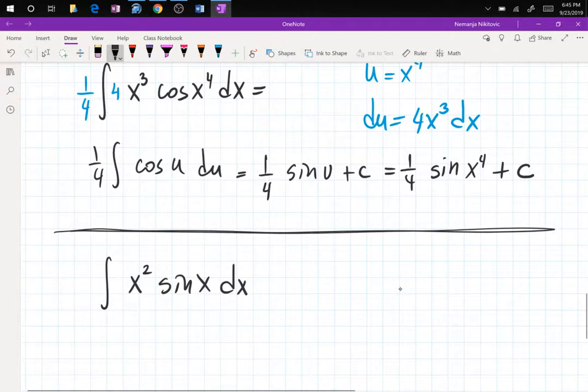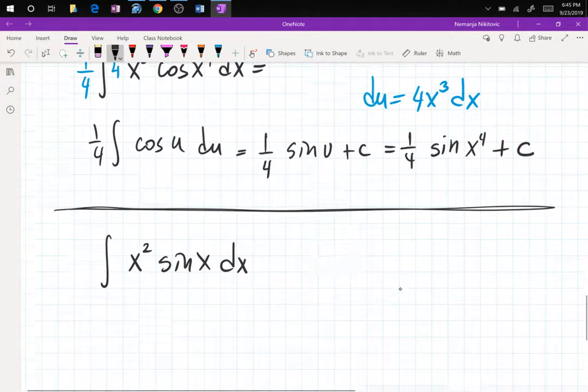But is it going to fit u-sub? No. It's not going to fit it, because you would have to pick u within the sine, but then the derivative of that x is 1 and you have x squared. So this doesn't fit at all.